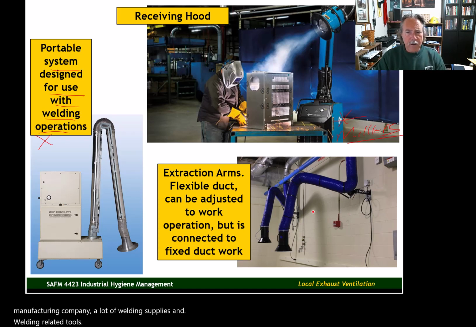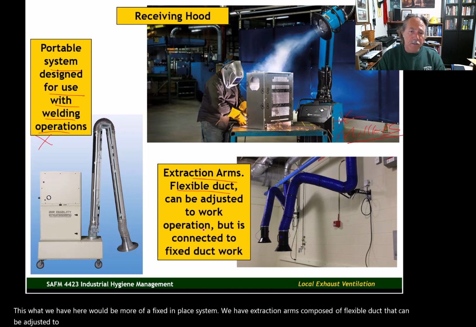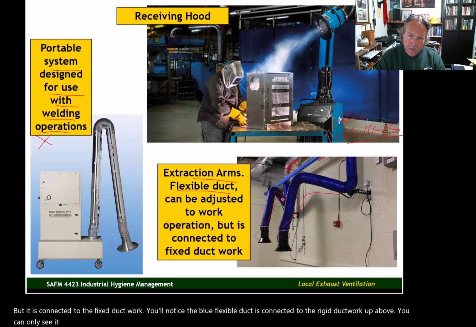What we have here would be more of a fixed in place system. We have extraction arms composed of flexible duct that can be adjusted to the work operation, but it is connected to the fixed ductwork. You'll notice the blue flexible duct is connected to the rigid ductwork up above. You can see this one attached to the rigid ductwork.